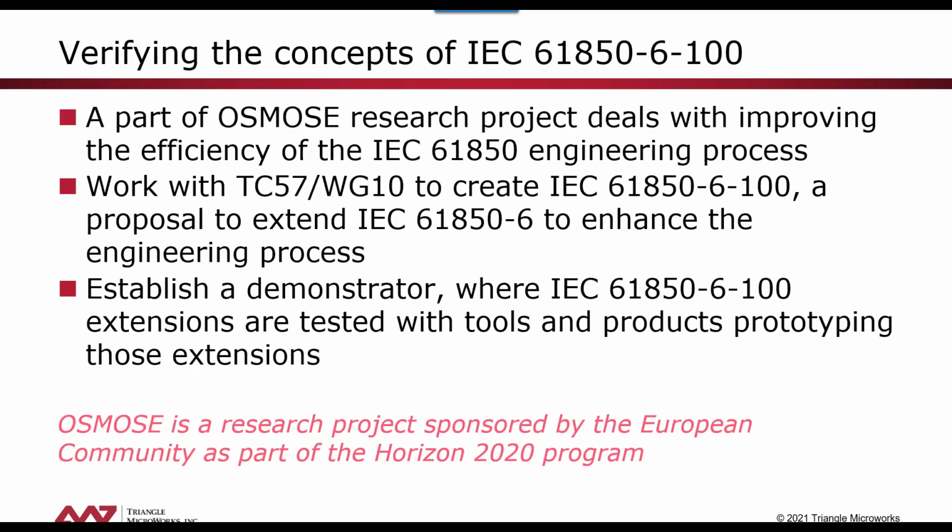Now, let's get to the step of verifying the concepts. As Thomas had mentioned, the OSMOSE project has worked together with working group 10 of TC57 to define those extensions to the part 6 in the 6-100. And we have established a demonstrator where 6-100 extensions are tested with tools and products prototyping those extensions.